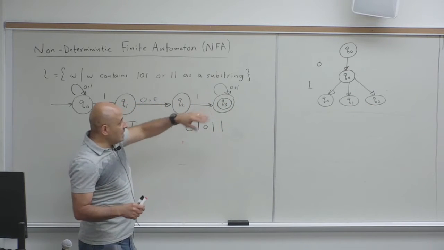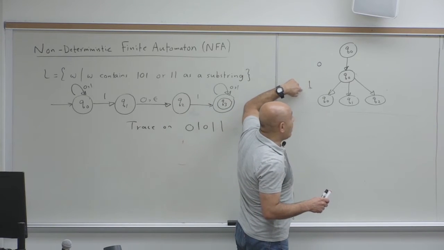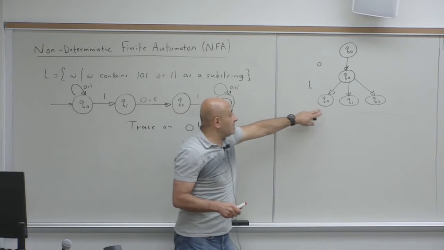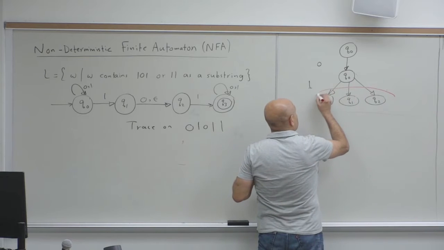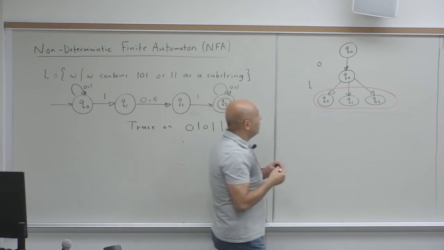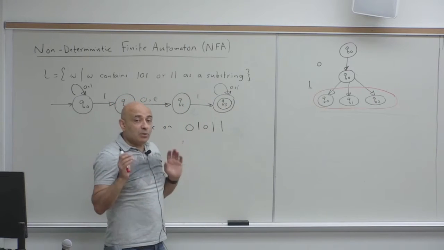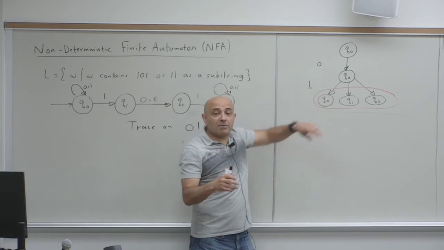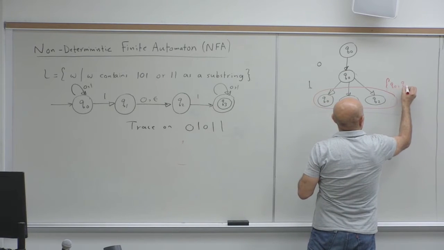So what this means is that after reading a 0 and a 1, I can be in any one of these 3 states. You can think of this as a compound state that consists of Q0, Q1, Q2.